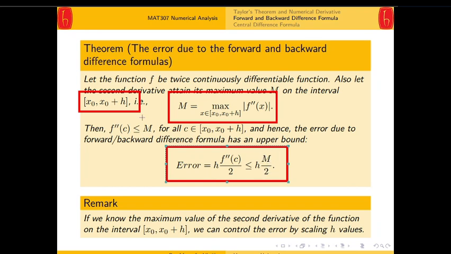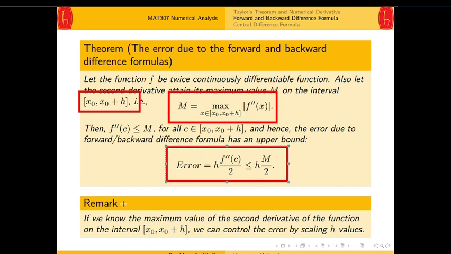Similarly, we can follow the same idea, and instead of the interval x naught to x naught plus h, we consider x naught minus h to x naught, and say the maximum value on this interval is equal to M. Then the backward difference formula also has an upper bound like that, and the upper bound will be identical, given that M is the maximum value of the second derivative on the interval x naught minus h to x naught.